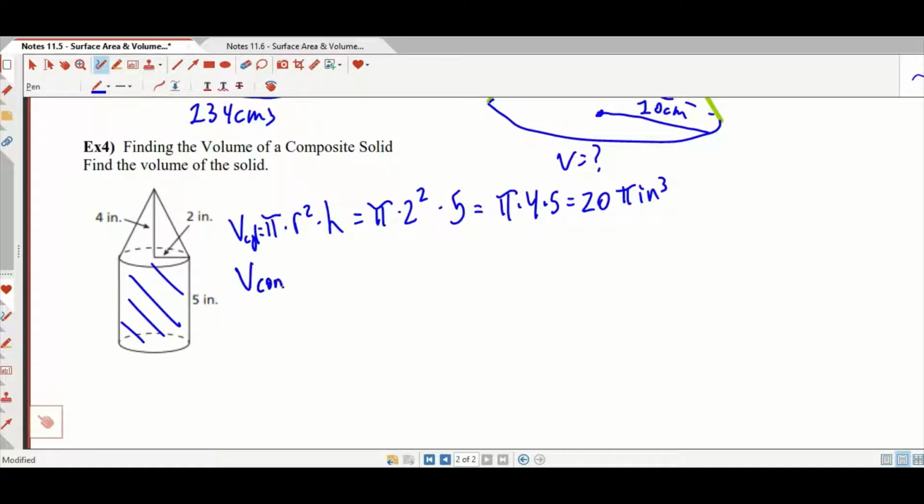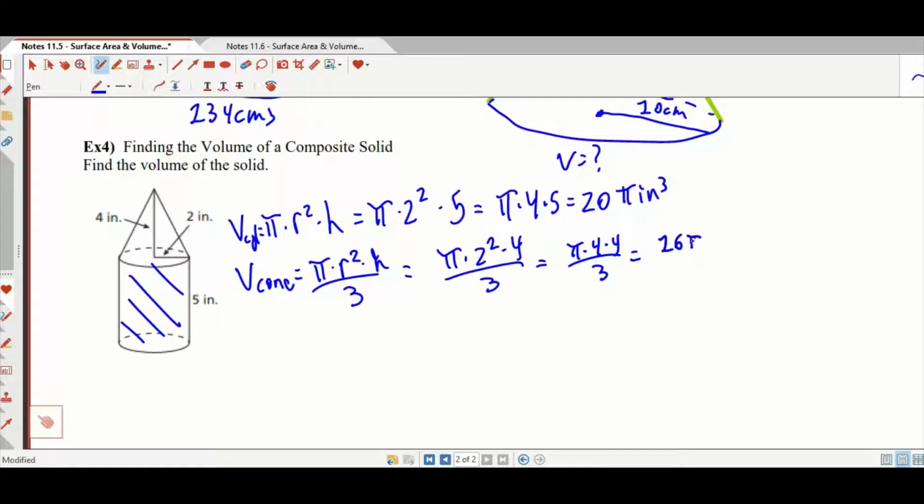Now the volume of the cone is equal to pi times the radius squared times the height, and then we're going to divide that by 3 because it's a third of the cylinder that sits on top, which in this case is pi times 2 squared times the height, 4, over 3. 2 squared is 4, so pi times 4 times 4 over 3, which is 16 pi over 3 inches cubed.